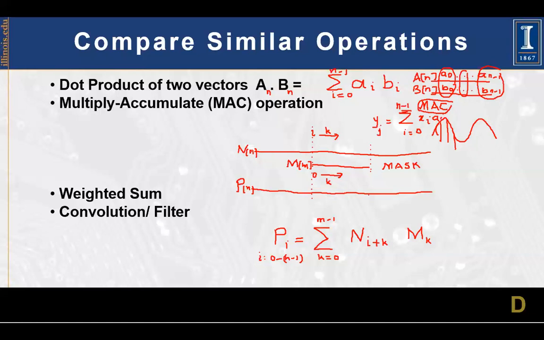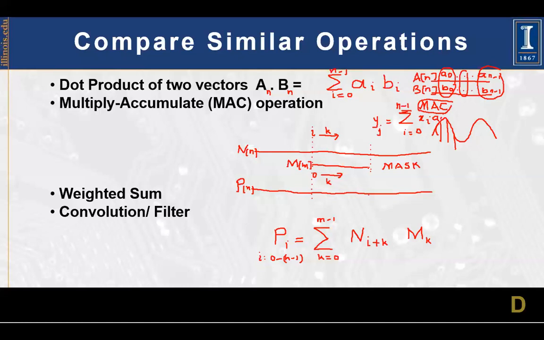So this may be the whole voice signal, and this may be a filter with so many coefficients. This is a filter which has to be applied on this voice signal. The voice signal is of much longer duration, and your filter coefficients are much fewer.